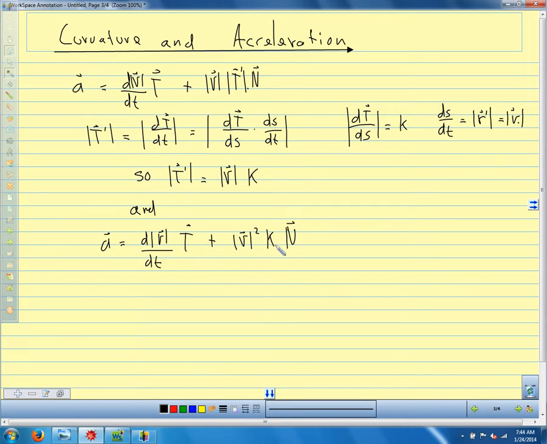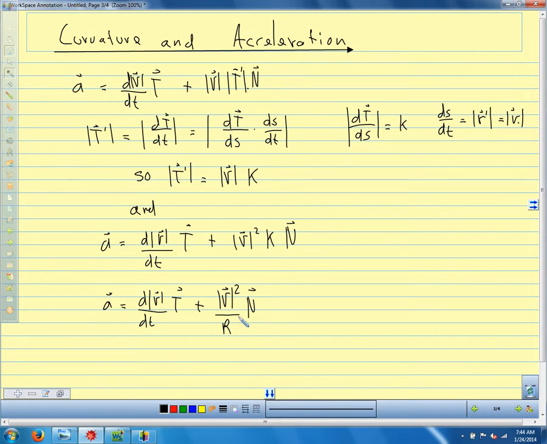I could rewrite this because the curvature is the reciprocal of the radius of curvature. I can also write, and this should look familiar, hopefully, to physics people, plus the magnitude of v squared over r times the unit normal vector.